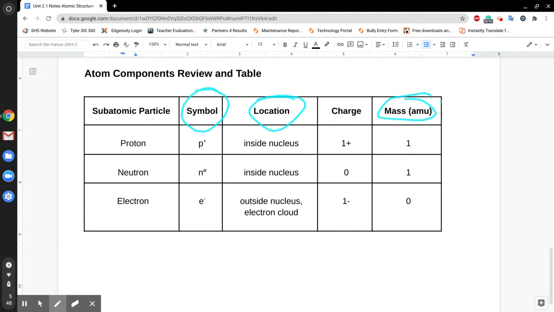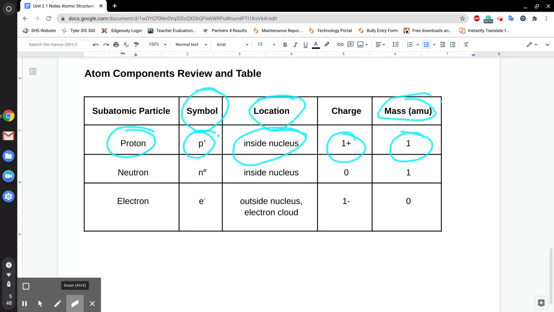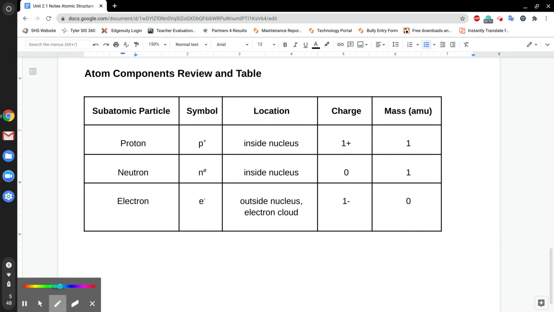Protons: the symbol is P with a plus up at the top, like a superscript. It's found within the nucleus and has a charge of +1, a positive charge, and it's roughly about 1 AMU. We get into what AMUs are down the road. We worry about them closer to November.